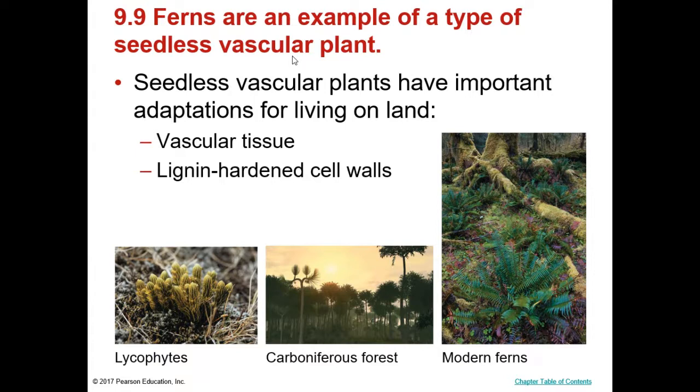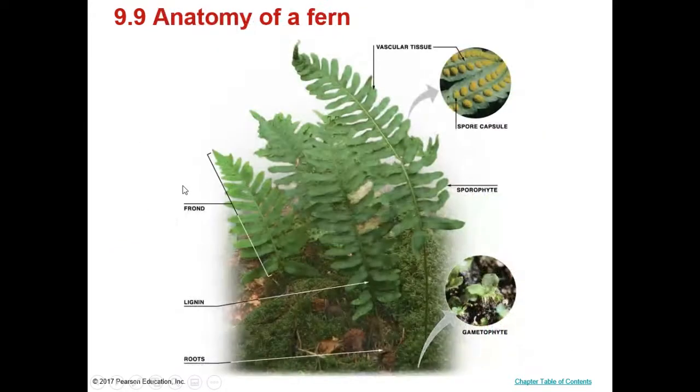Now, the difference between these and bryophytes is that these have vascular tissue. Bryophytes don't. So what does that mean? Well, that means they must naturally contain xylem and phloem, and that means they can grow a little bit taller, right? Actually, a lot taller too. So they must produce lignin and cell walls to keep their structures there.